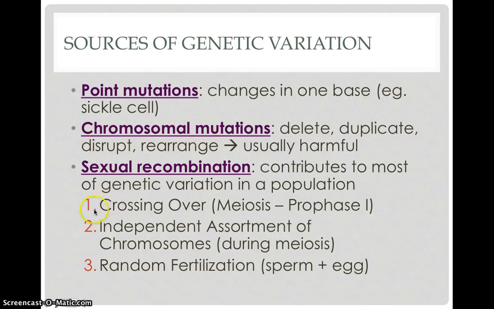Within sexual recombination, we have three major things that cause the most genetic variation. One is crossing over.